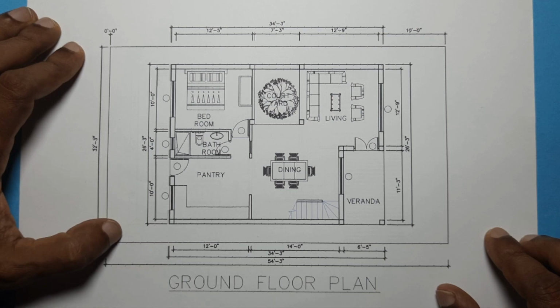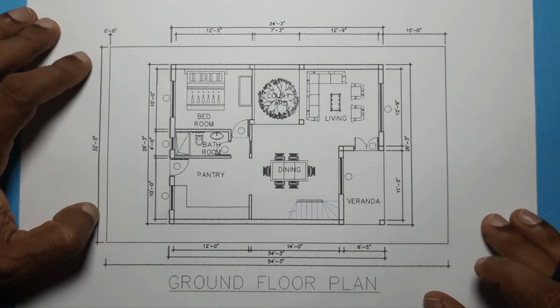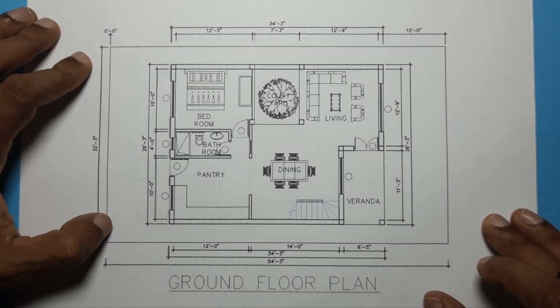Now I will illustrate the structure. There will be an RCC column embedded into the wall. So first I will mark the RCC columns.